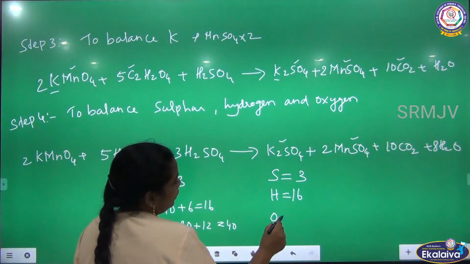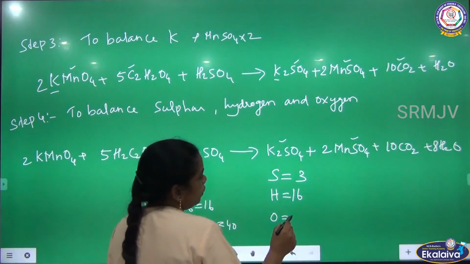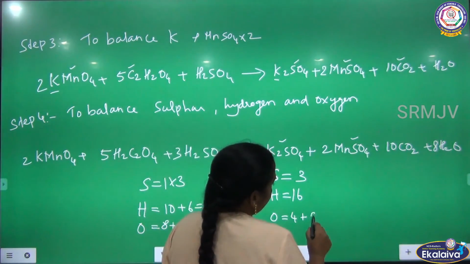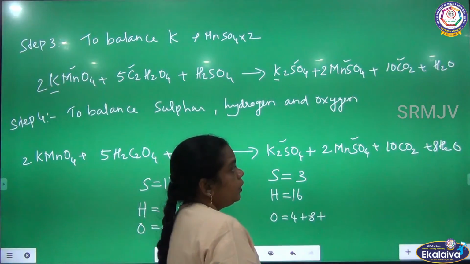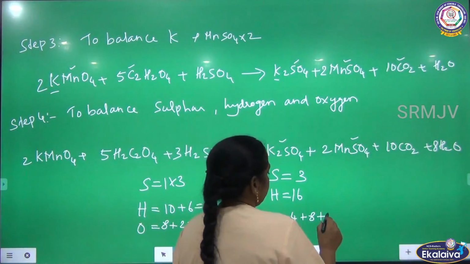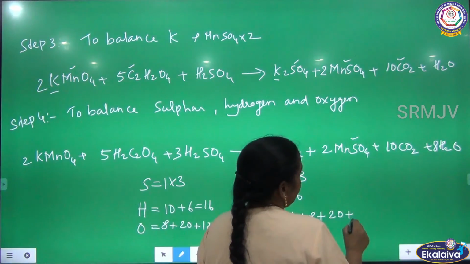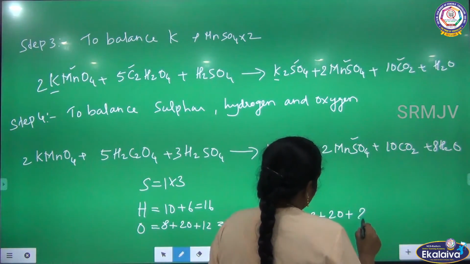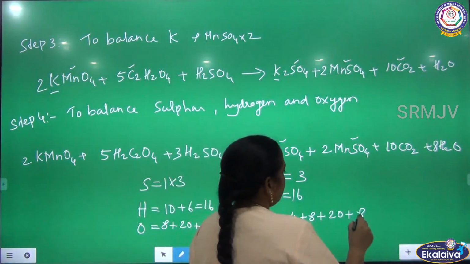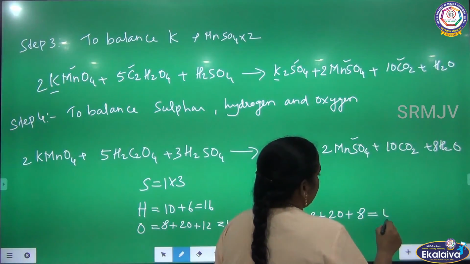Now on this side, 4 plus 4 2s are 8 plus 2 into 10, 20. 20 plus 8. Now 10 plus 10, 20 plus 20, 40.